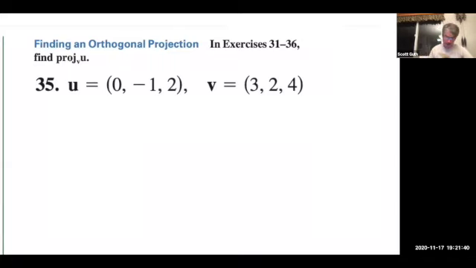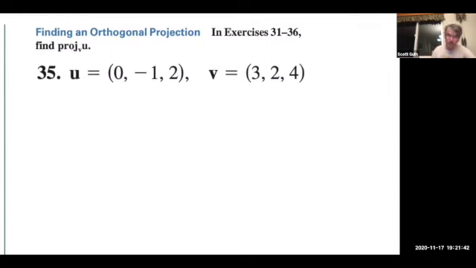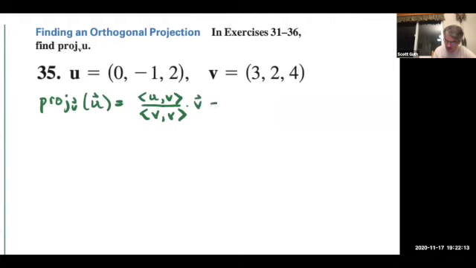Okay, so let's look at number 35. The formula for the projection onto V of U is the inner product of U with V over the inner product of V with V. Those are all scalars, times V. If you like the dot product notation, let me put the dots over these.